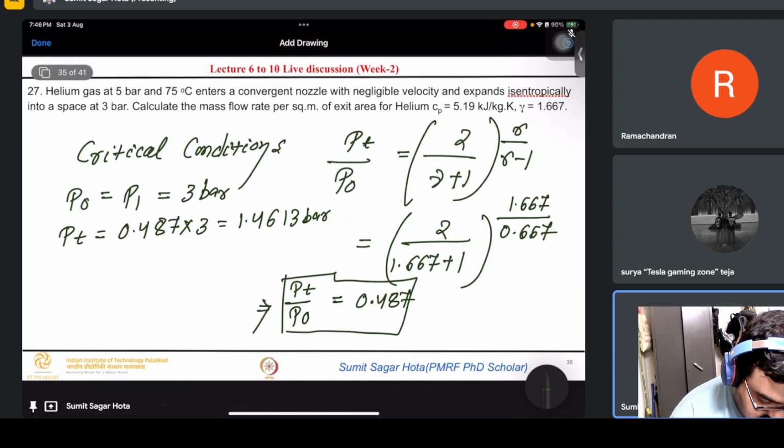So if you can see, it's less than P2, because P2 is 3 bar.